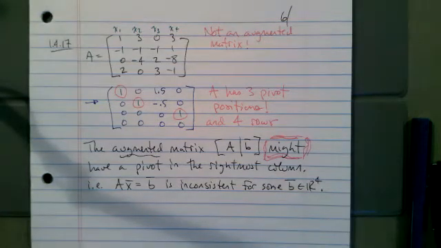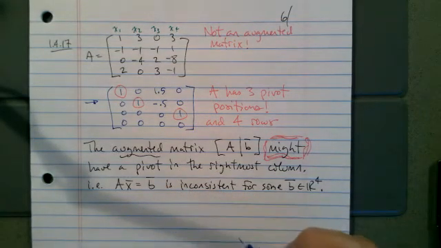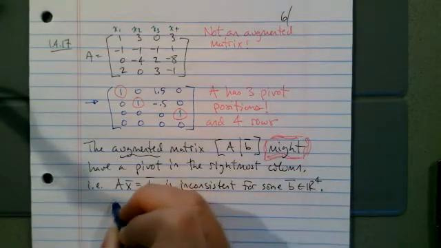The augmented matrix would have a fifth column for the constants. So by context, that's how we know it's not an augmented matrix. So that's how we know that AX equals B is inconsistent for some B in R4. Equivalently, we could say that AX equals B is not consistent for all B in R4.